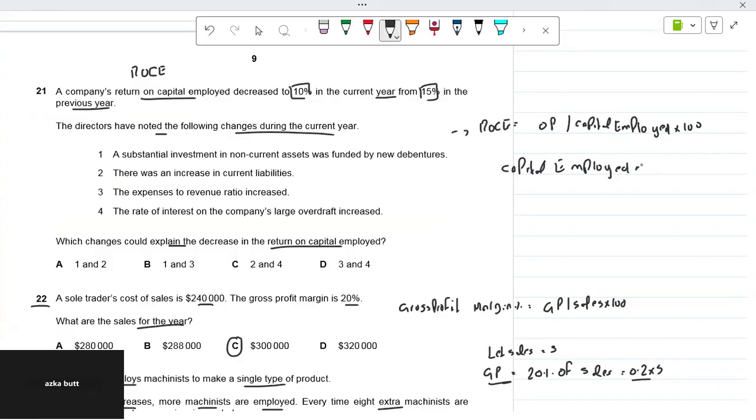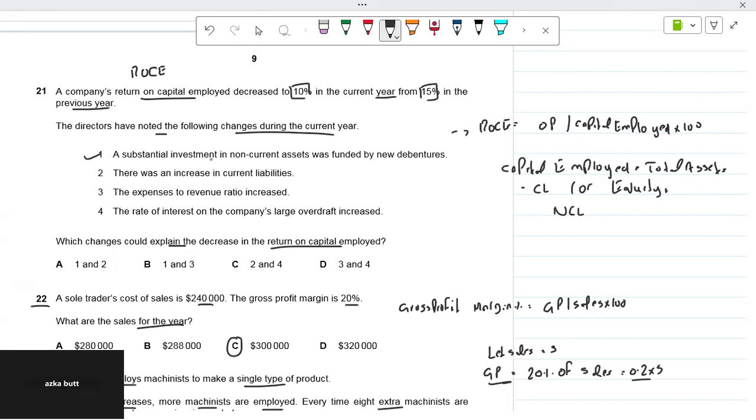The formula for capital employed is total assets minus current liabilities, or we can say the equity plus non-current liabilities. So let's analyze each change.